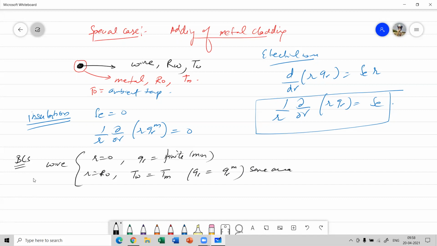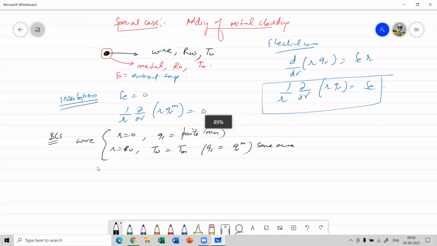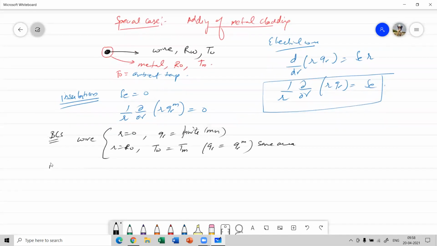And for the insulating material, that is metal, normally the metal cladding which we use is the aluminum cladding. For the insulating material or the metal, the boundary condition will be at R equal to capital Rw, that is at the surface, the wire temperature is the same as the metal temperature, or let's say somewhat equal to some intermediate temperature Tmc.